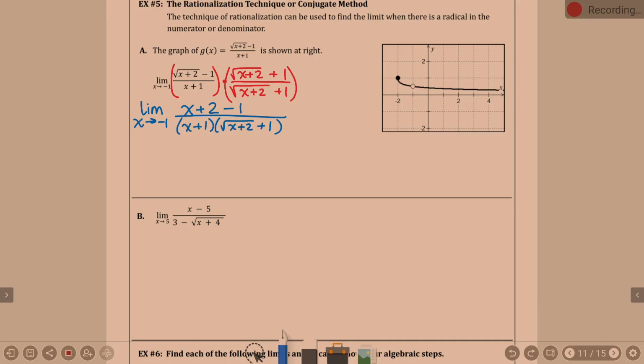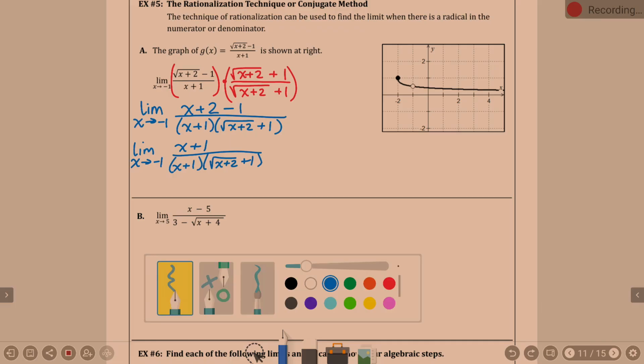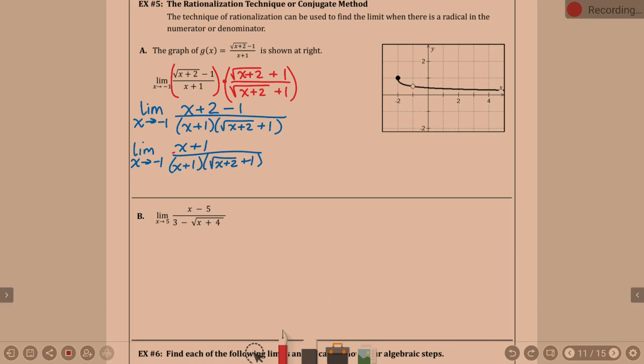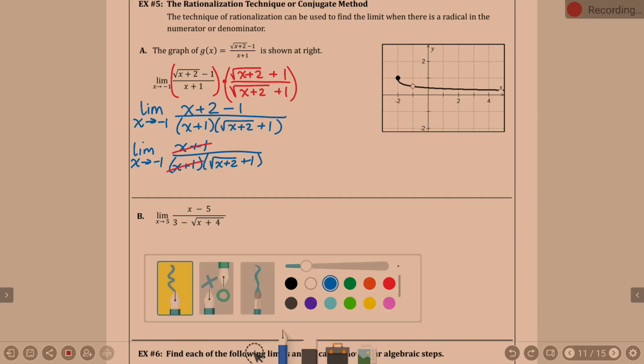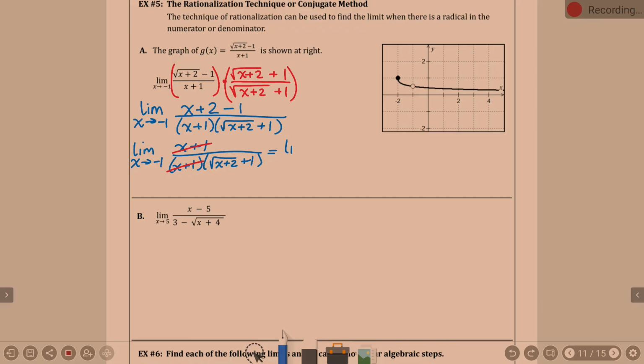What do you get when you clean up that numerator? x plus 1. What do we have on the bottom? Another x plus 1. So what can I do? I can cancel out the x plus 1s. And now I have the limit as x approaches -1. What remains on top?